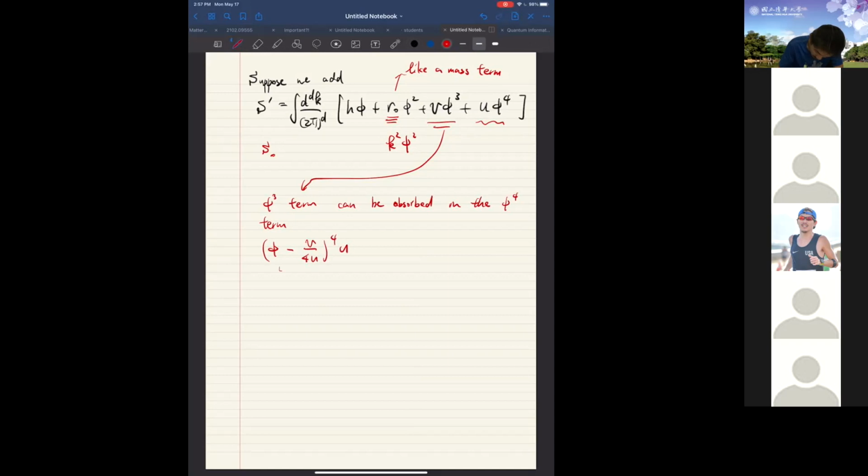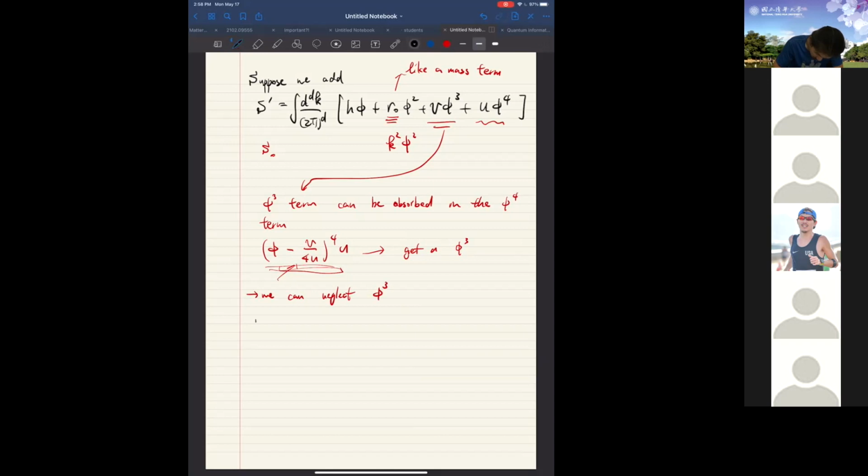Okay, then you can get a phi cubed term from this one. So you don't need to, you just redefine this field. You can absorb the cubic terms in the original theory. So basically, that indicates we can neglect the cubic term.